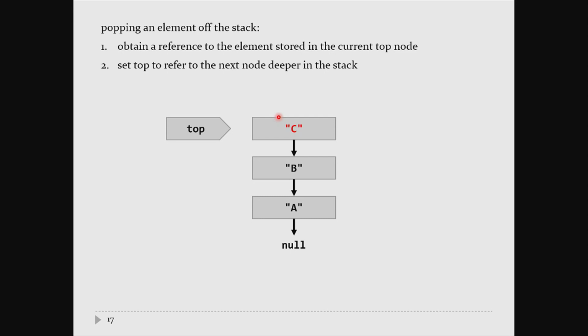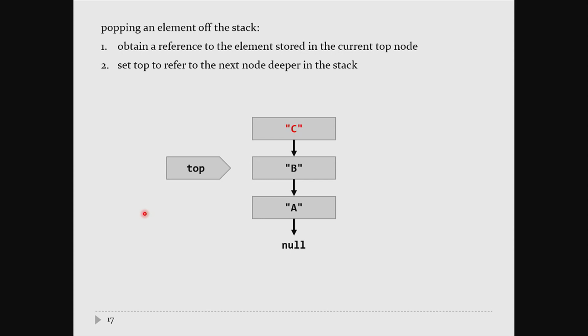I now want to set top to refer to the next node deeper in the stack. So in other words, I want to move this so that it points to B. Now this thing top is going to be a field in our stack class, a field whose type is node. It always refers to the node that's at the top of the stack.